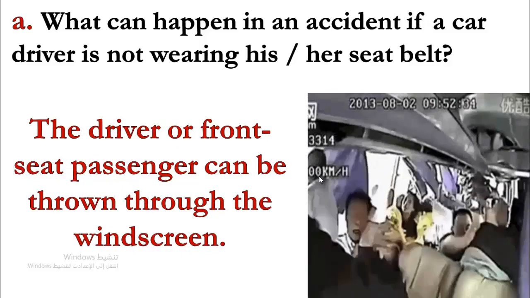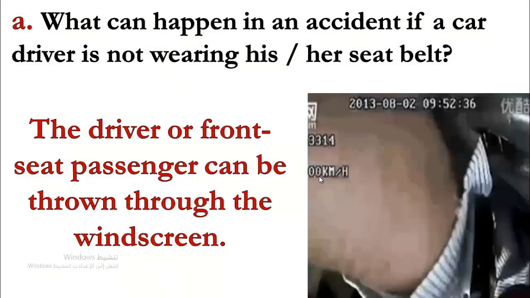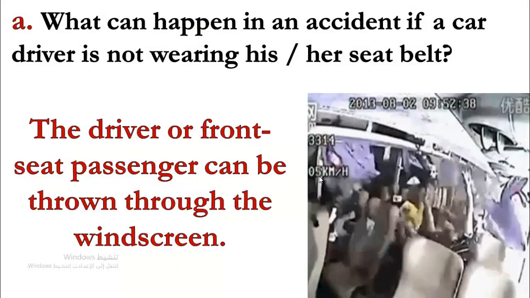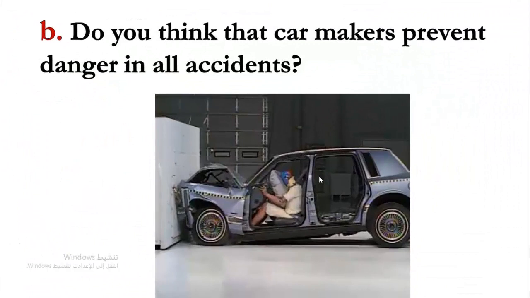This is the answer of question number A. Question number B, do you think that car makers prevent danger in all accidents? The answer is related to your opinion. Some of you can think yes, and some of you can think no. For me, I think that car makers can't prevent danger in all accidents.